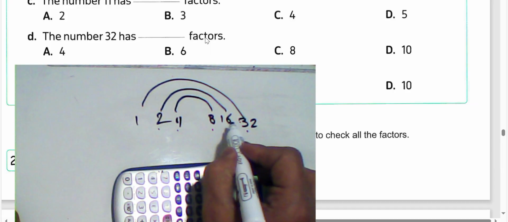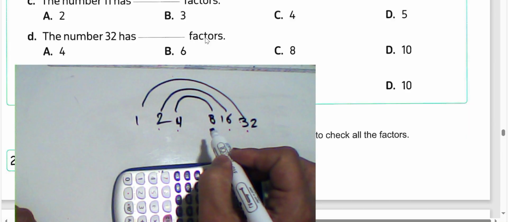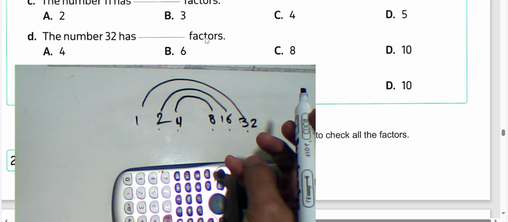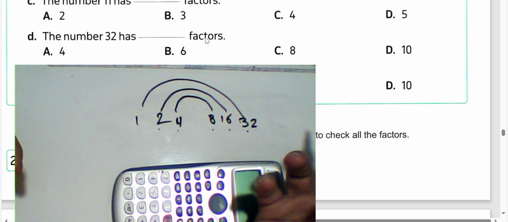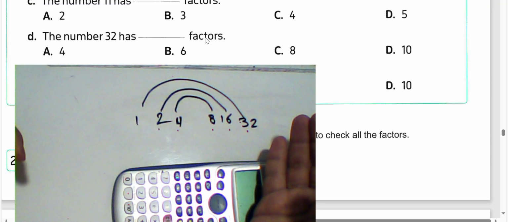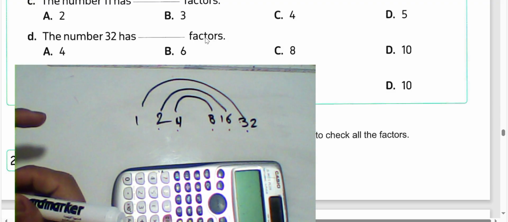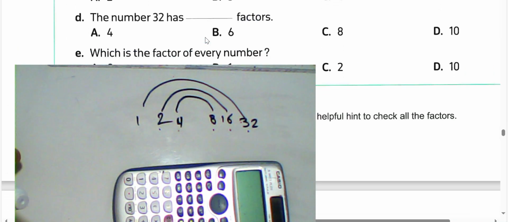Then we have 6 factors. Do you have another solution? No, because 32 cannot be divided by 3, 5, 6, or 8, but it can be divided by 16. 32 is a multiple of 16. Then we have 6 factors of 32. Okay, 6 factors. Next question.